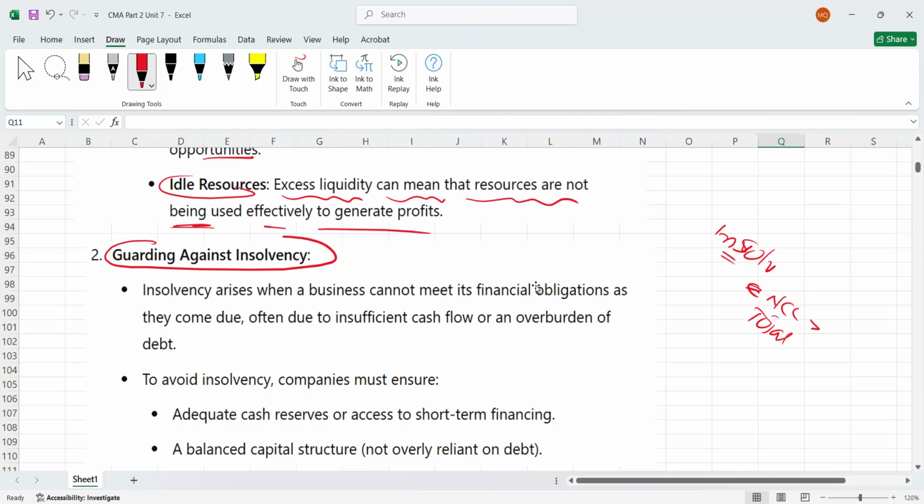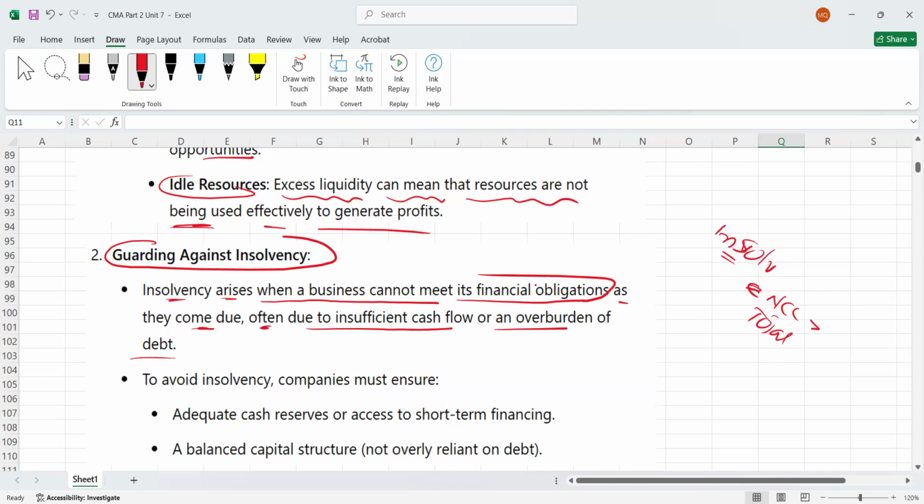They are saying that insolvency arises when a business cannot meet its financial obligations as they come due, often due to insufficient cash flow or overburden of debt, and definitely you will not be able to meet your liabilities if your assets are less. So you may have an insolvency issue also.